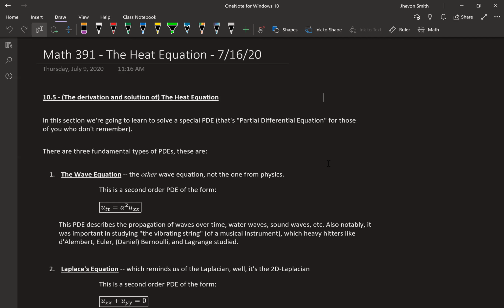Now, when it comes to PDEs, you go into a first semester course of PDE, which at City College, I think we have an undergrad course now, but traditionally we've only had a graduate course. The first semester of that graduate course, you would study 3 fundamental examples of PDEs. They don't cover all possible cases of PDEs, of course, but they're very basic fundamental examples that you can apply.